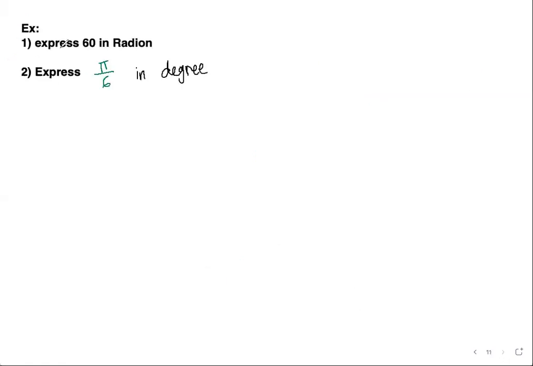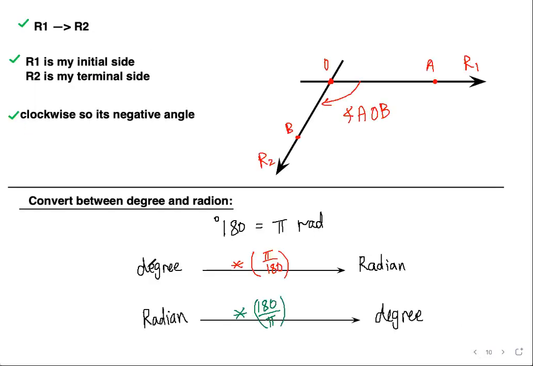Okay, so who will do the first one, changing from degree to radian? For the first one, to express 60 in radian, from degree to radian, what should we do?